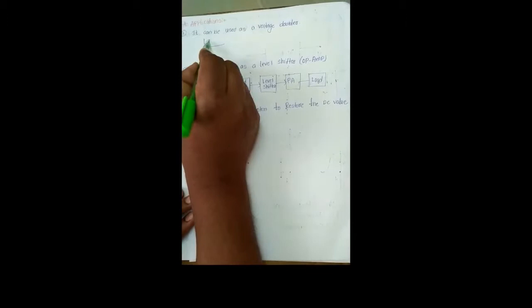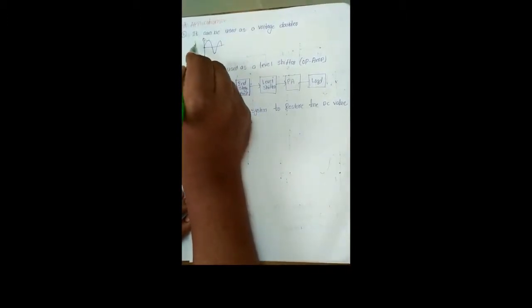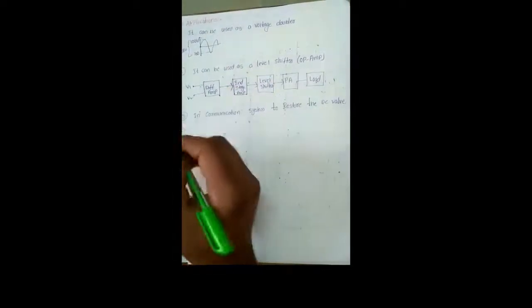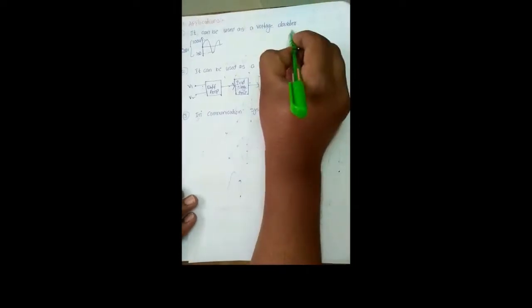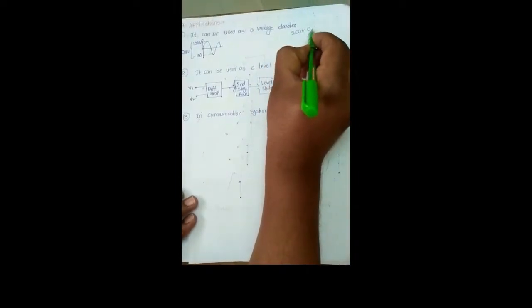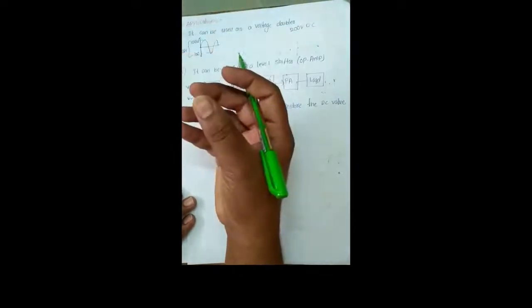For example, here we consider a sinusoidal input signal. This sinusoidal input signal has 100 volts peak, and the peak to peak voltage is 200 volts. Okay, for example, as per our requirement, we require a 200 volts DC signal because we need to operate some devices.